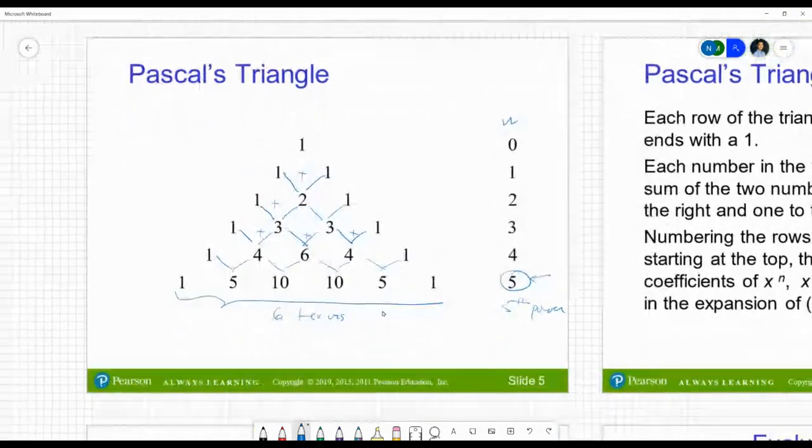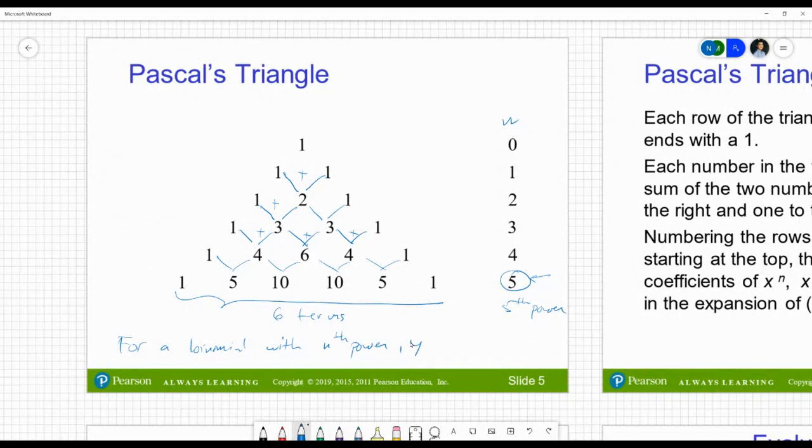So let's denote that: for a binomial with nth power, you will have n plus 1 terms. Okay.